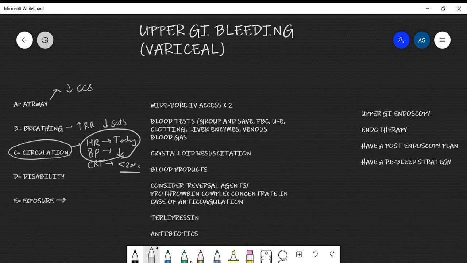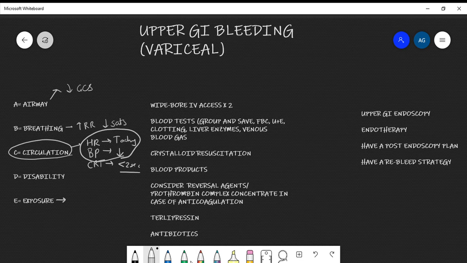And when you expose these patients, you'll be able to realize that they've had a big bleed or a melena. So this is the initial assessment of these patients, and always have a structured approach to your assessment. Always do it in a set format. This is not just for upper GI bleed patients. This is for any patient who is really unwell.